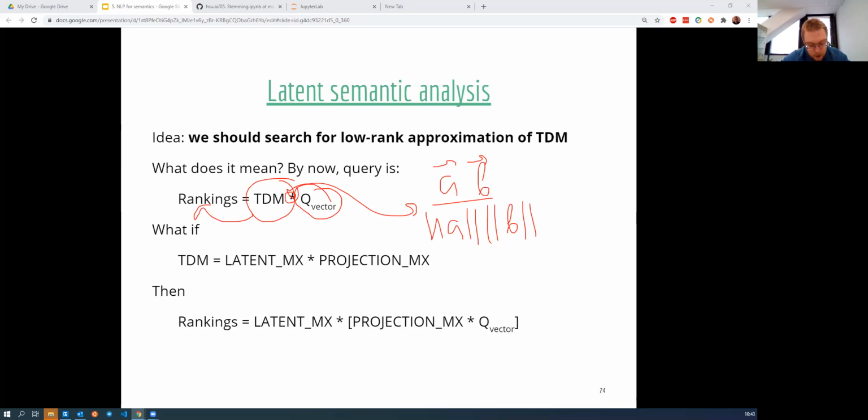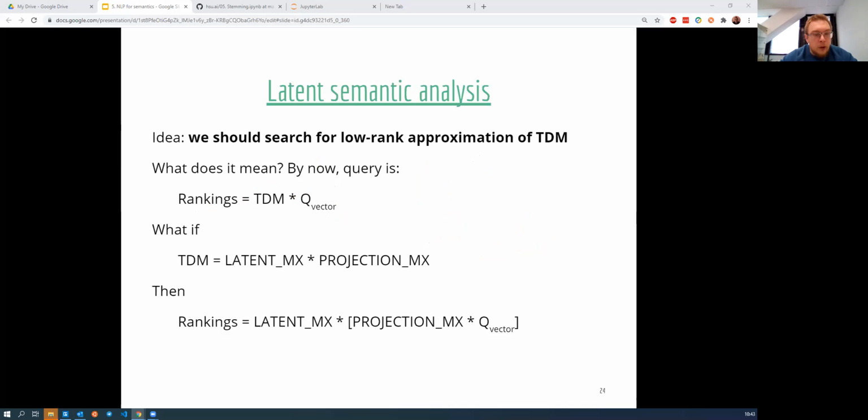So this division can be done in advance, and our term document matrix is normed row by row. So a divided by the norm of a will be stored in the term document matrix instead of just a. We do pre-processing in the beginning to put all the vectors onto the sphere, so they all have a norm of 1 now.